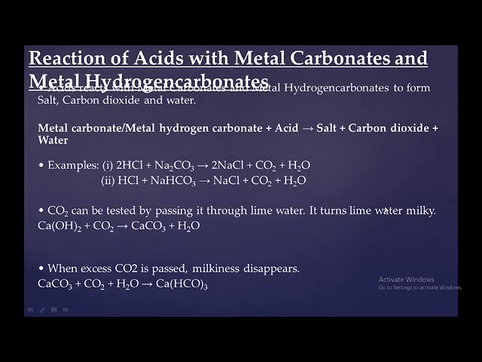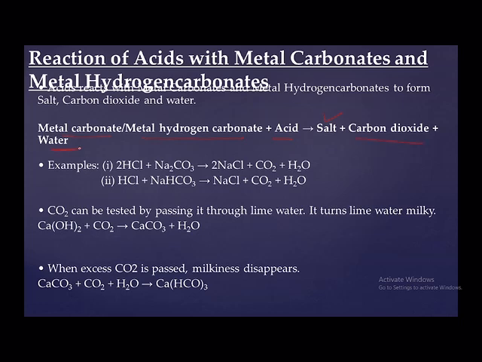Next we have the reaction of acids with metal carbonates. Whenever an acid reacts with a metal carbonate, or even a metal hydrogen carbonate, in general it forms a salt. Along with it, it results in the formation of carbon dioxide and water.